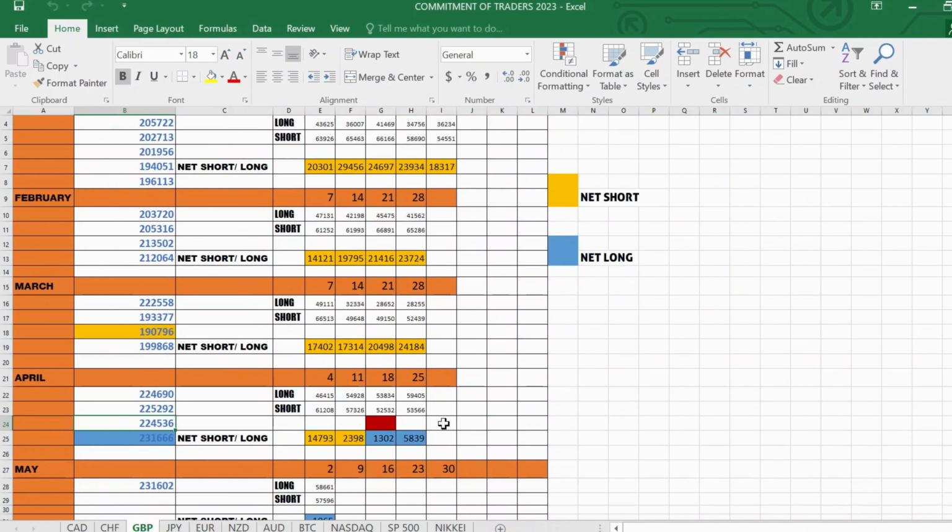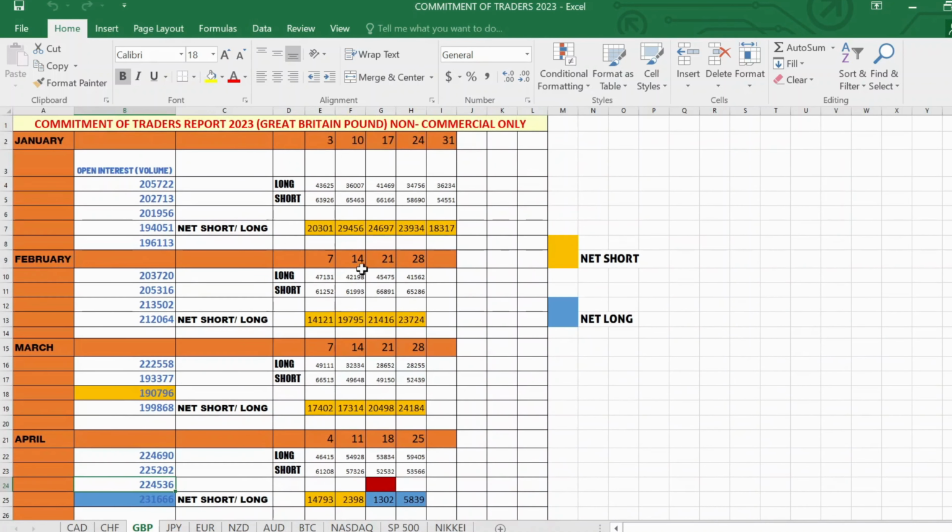So if we look at these figures from the beginning of the year, the pound was net long by 20,000. It is on January 3rd, then 29,000, 24,000, 23,000. Then came January 31st. There was a net short of 18,000.